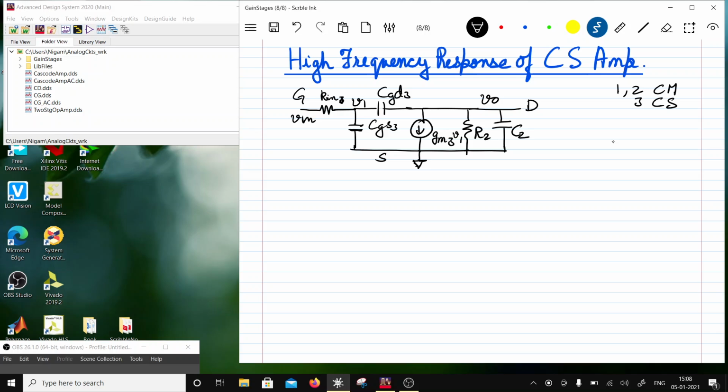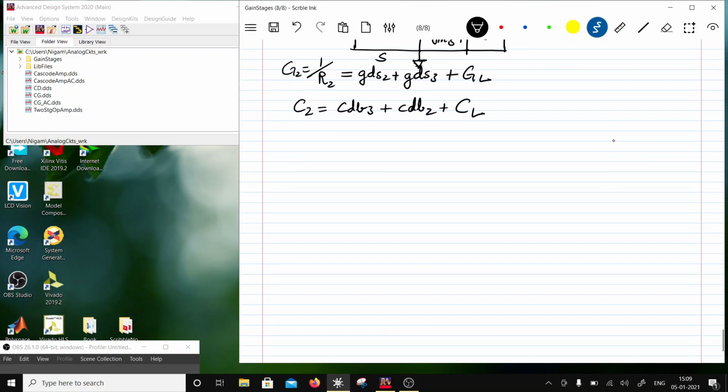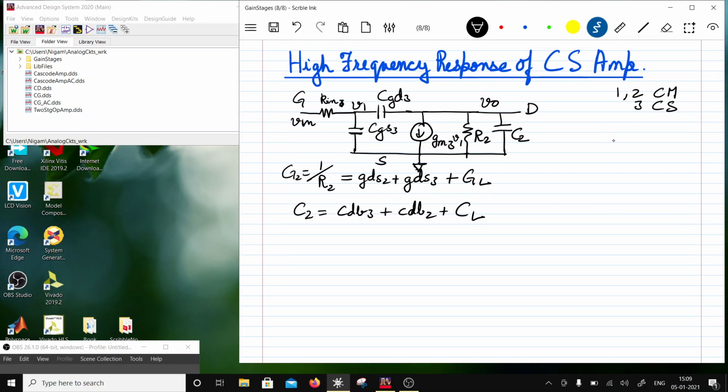Now G2, which is equal to 1 over R2, will be equal to GDS2 plus GDS3 plus GL, right? So that is your G2. Then the next is C2. C2 will be CDB3 plus CDB2 plus CL, which is the load capacitance.